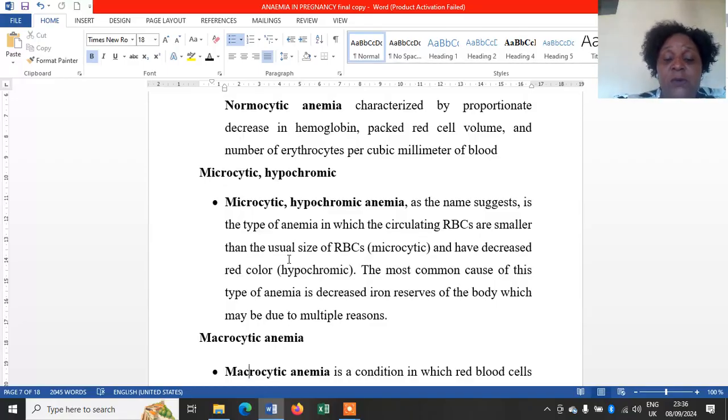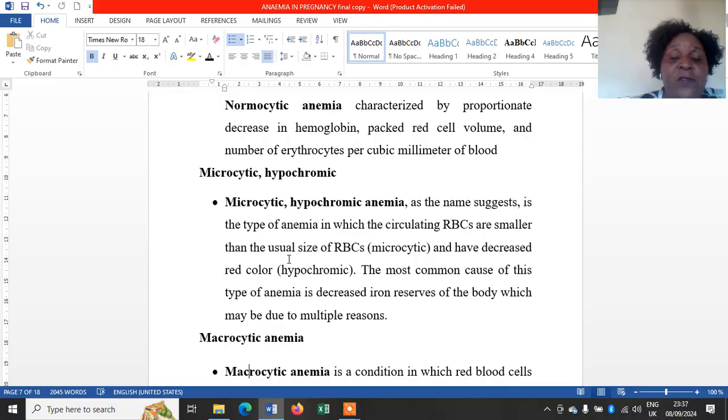So, when we don't have iron, what does it mean? We said iron is a key factor which is the recipient of oxygen. And when oxygen attaches on iron, we get a hemoglobin, which makes the red coloration of blood.